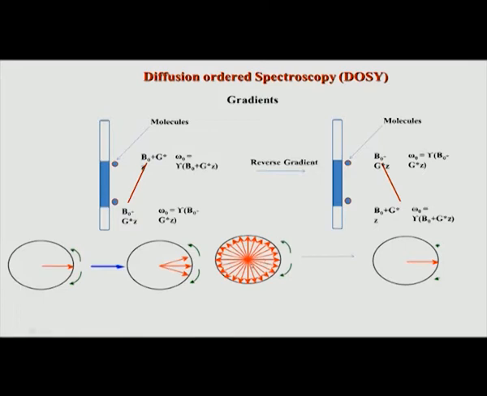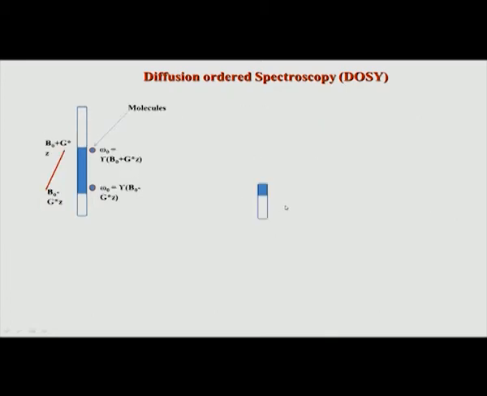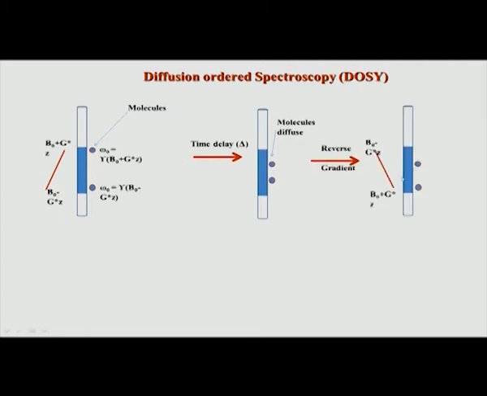So this perfect rephasing shown here will work only if the molecules have not moved from their position, meaning the molecules have not diffused. Therefore this gradient should be applied immediately after the first gradient, but in this experiment we give a delay, and because of this delay the molecules move and are not located in the same locations.